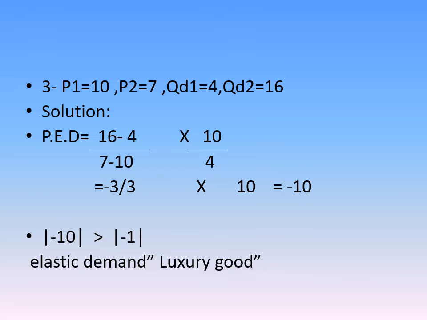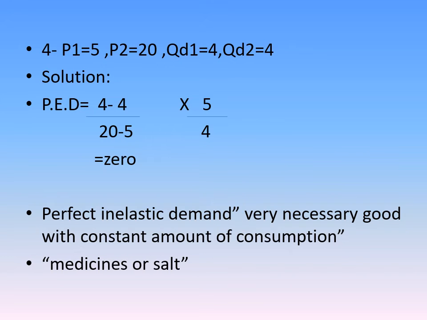Again, look back at this topic in your lectures and you will find the way we draw this curve. It's a flat curve. In the previous slide, it was inelastic, a steep curve. Again, let's move to the next slide.